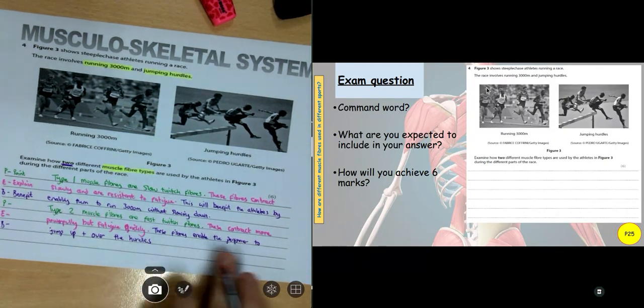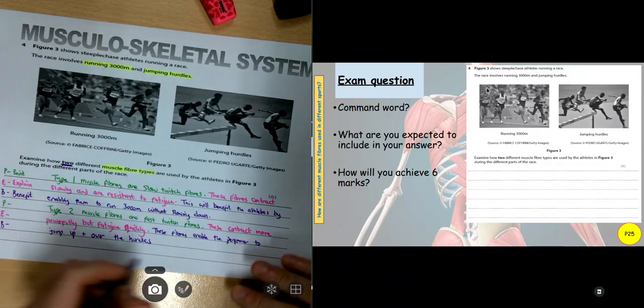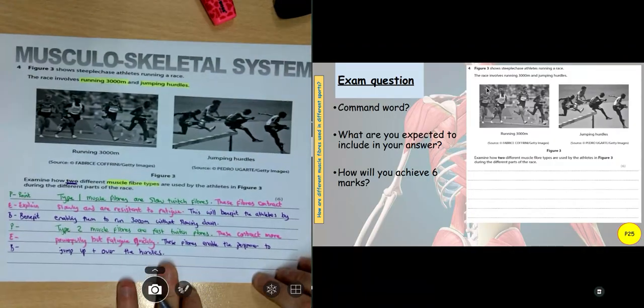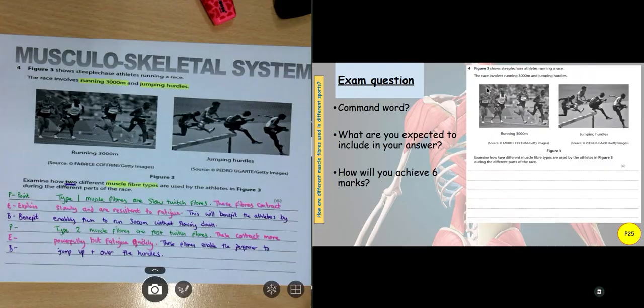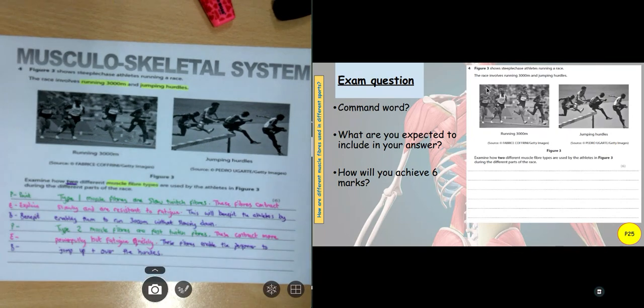These enable the performer to jump up and over the hurdles. So this will be a strategy that we're going to look at in future exam questions. Anytime it's a long answer question, the strategy we go for is point, explain, benefit. For 6 marks, 2 PEB responses.